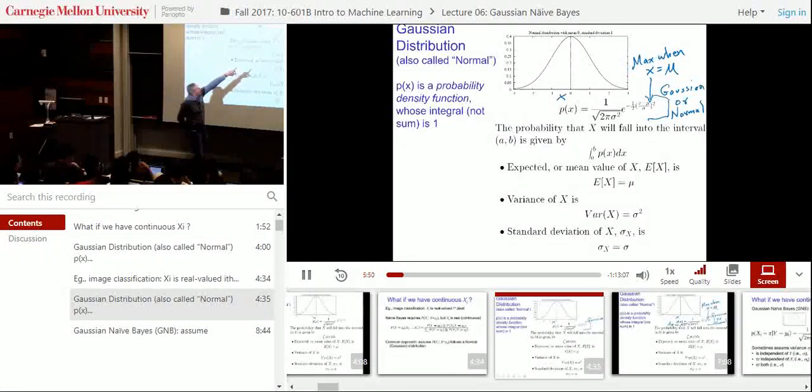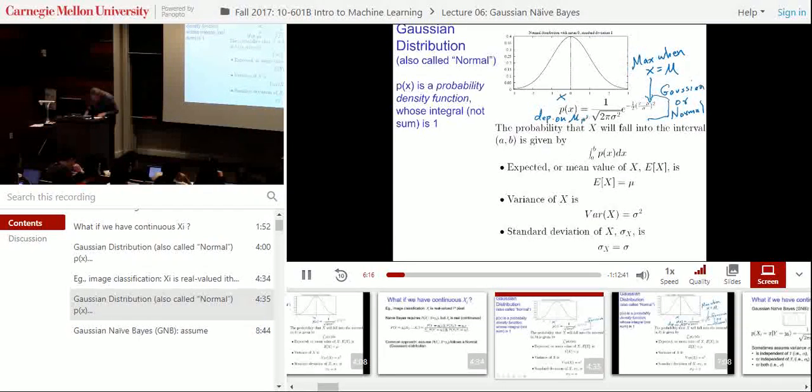of the distribution. And the width of this bell curve, so it's maximum when x equals mu, and so the Gaussian distribution is actually a function of two parameters, mu and sigma.